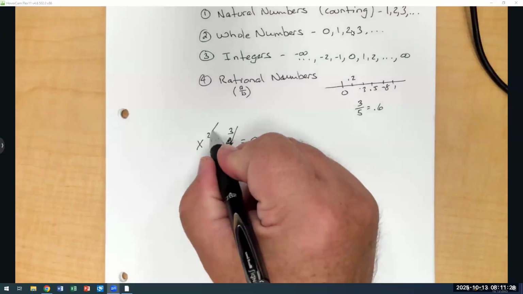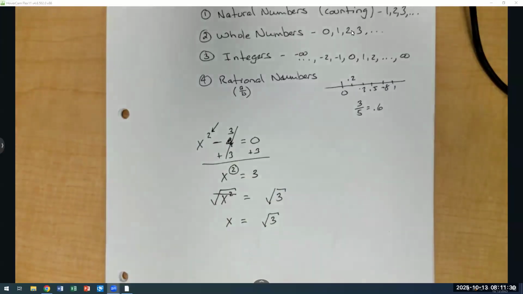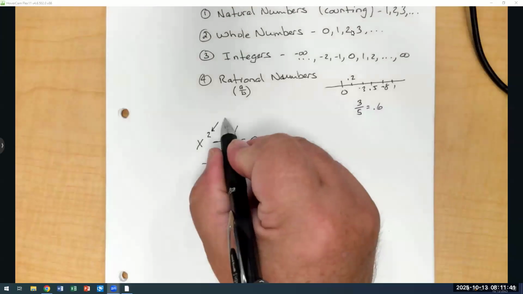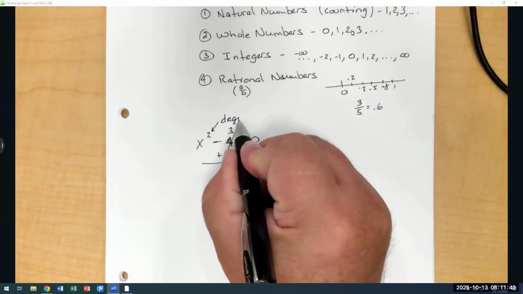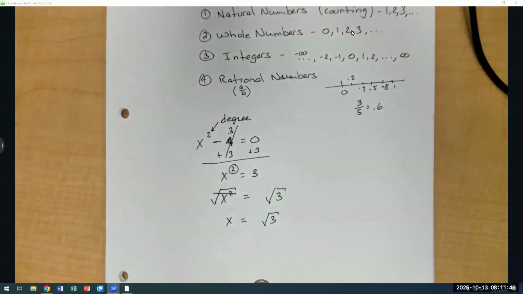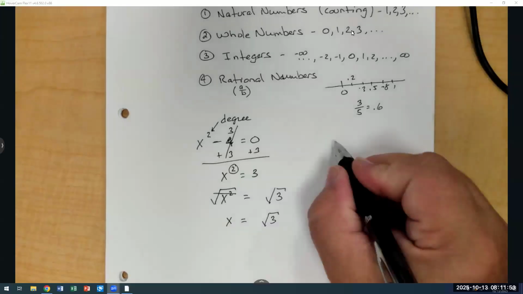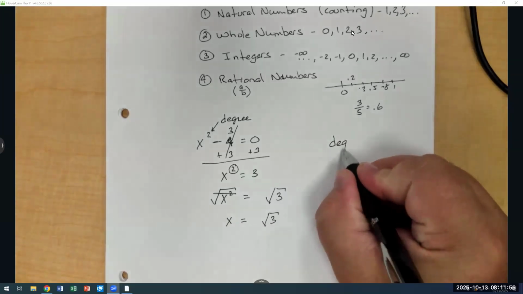Remember, what is this exponent number called in an equation? What do I always call the exponent? The degree. Whenever you have an equation that has an exponent, the largest exponent is called the degree. What does the degree tell us?